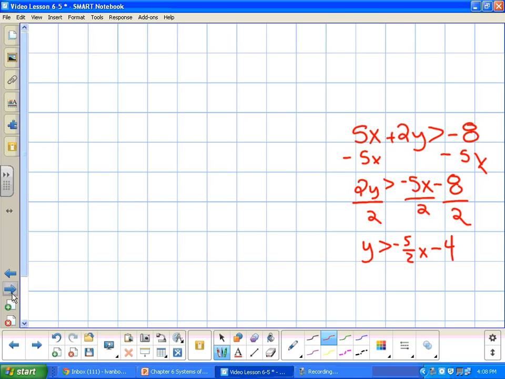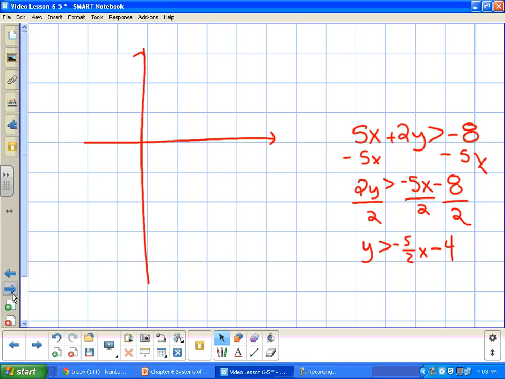So I'm going to make another graph. My y-intercept is -4, so I'll put it at -4. My slope is -5 halves, which means I'm going to go down 5 and over 2. Again, I'll have to extend my page.